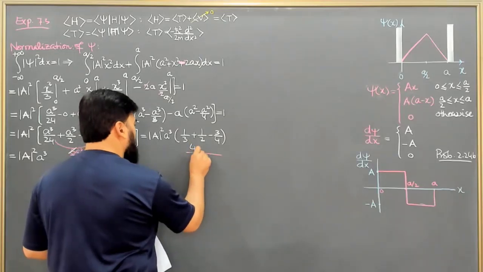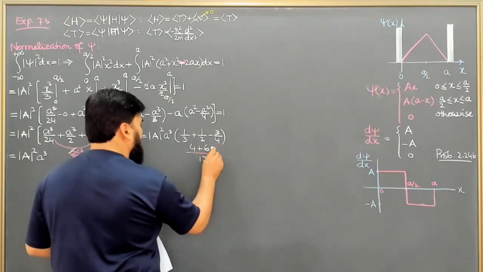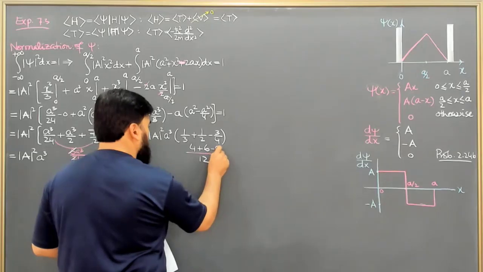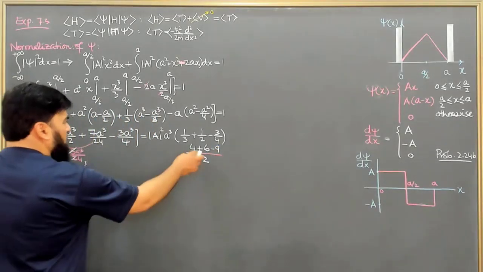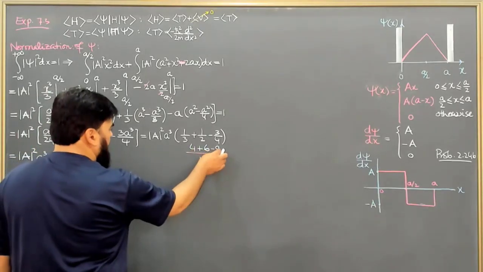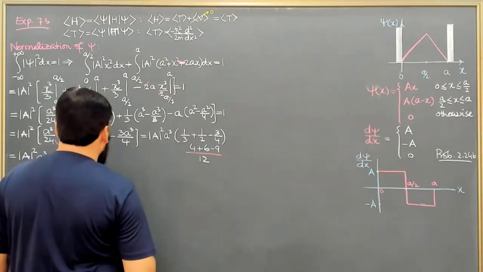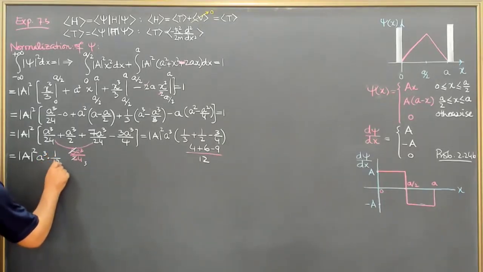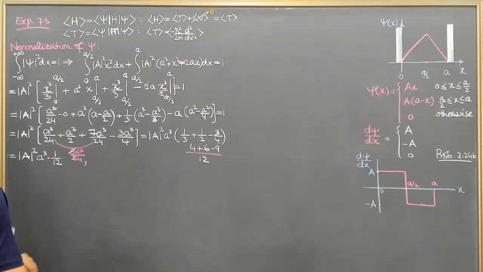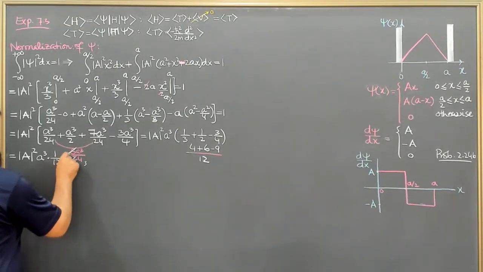We have 4 here, we have plus 6 here, and we are having minus 9 here. So 4 plus 6, 10, 10 minus 9, 1. So we are having 1 over 12 here. And this thing is equal to 1.